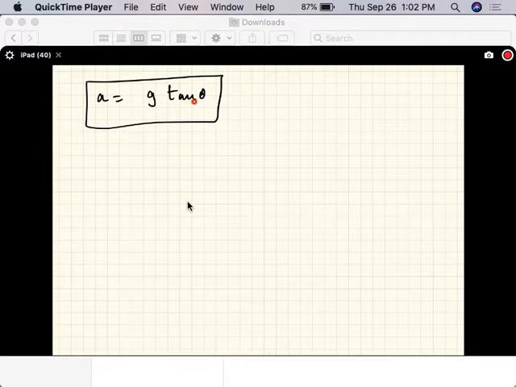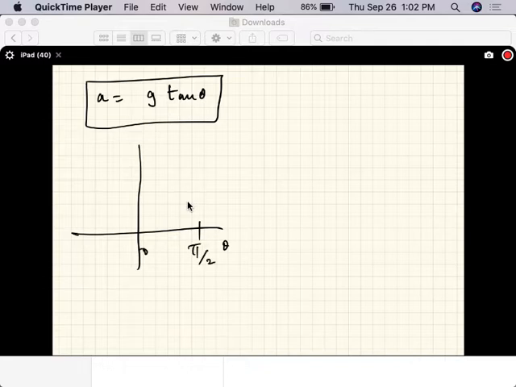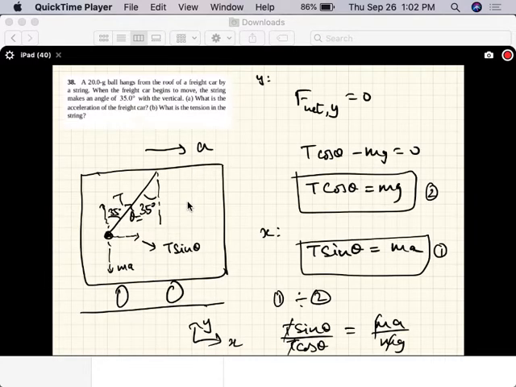Okay, you guys know the tan function. The tan function goes from 0 to infinity. So if this is your car and the ball makes an angle of theta equal to 90 degrees, then I want to be your friend.